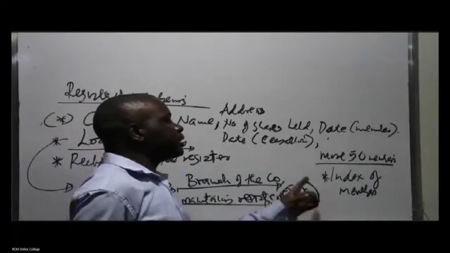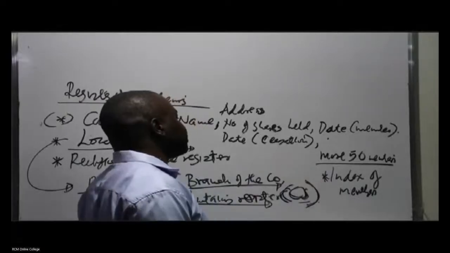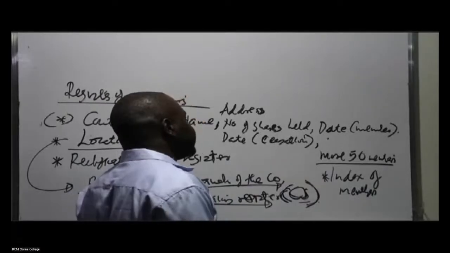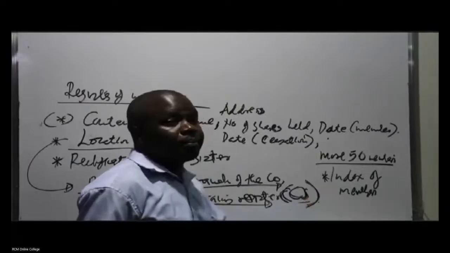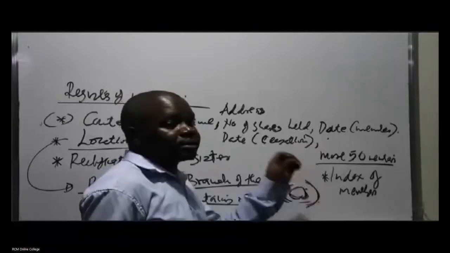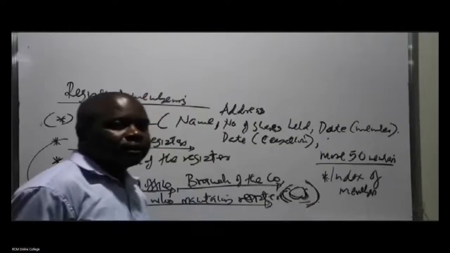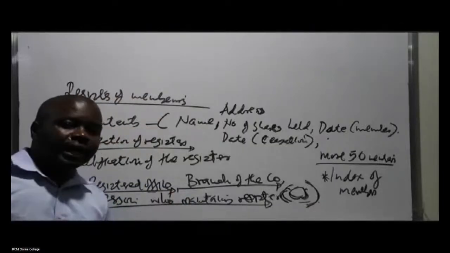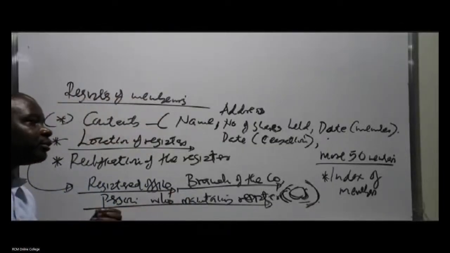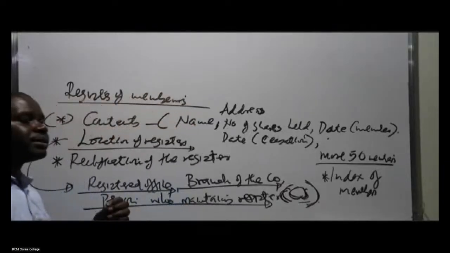So it is a requirement. If the members of the company are more than 50, then the company will be called upon to maintain the register in what we call an index of members, where the same particulars will be captured. Only that for each and every member in that register, there will be a unique identifying card maintained for that specific member.